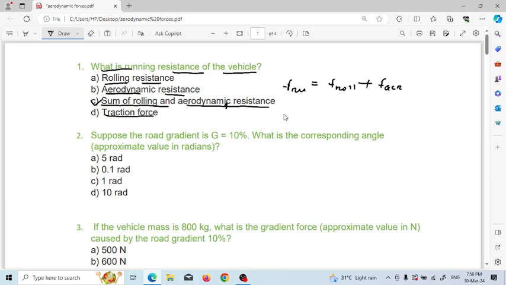The F rolling resistance formula is mu times mass of the vehicle times g, acceleration due to gravity. Mu is the property related to friction, which is called the coefficient of friction.